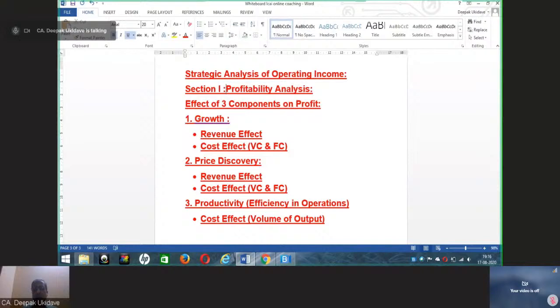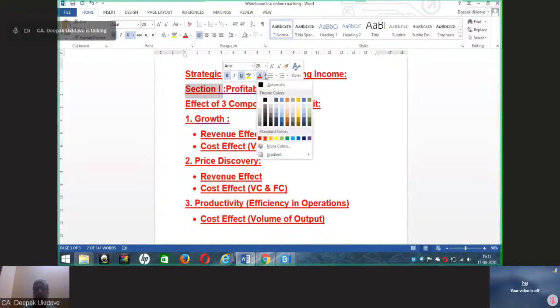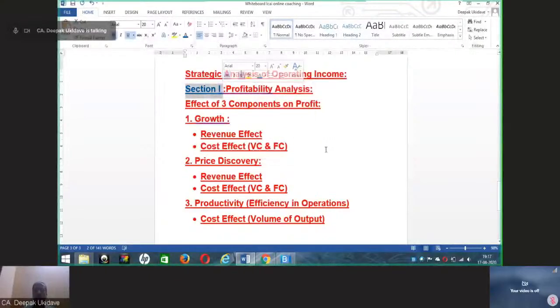Now we have section 2, and this different color I will give, so that it catches the attention. Section 1, profitability analysis. And now section 2, we go to activity-based costing, and there are two sub-techniques over here. Section 2.